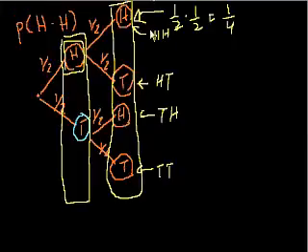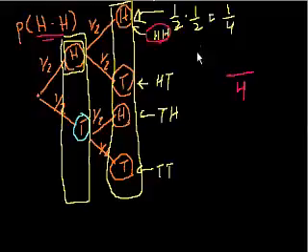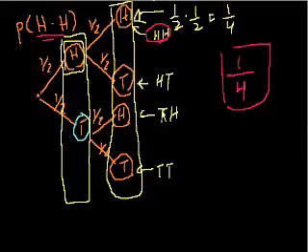And so we have 4 equally probable scenarios. So the total of equally probable scenarios is 4. And then how many of these equally probable scenarios is our event true? Well, it's one of them, heads heads. So it's 1/4. So that's another way of viewing it.